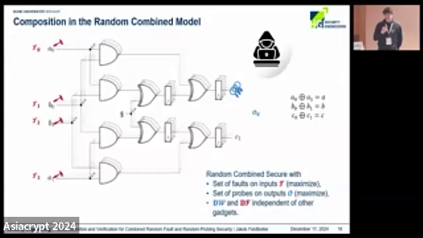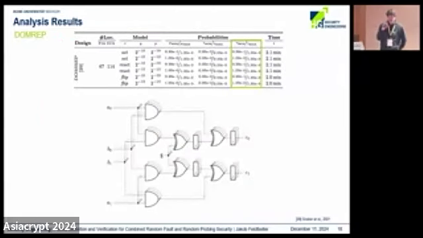And now to what I was already referring to: we implemented some tools and analyzed 5 different gadgets that are already known in the literature for our composability notion. The first one is DOMREP, which is a simple masked multiplication that is replicated to have fault security as well. And as we can see, this is not that secure in the composition case, so we have a leakage probability of almost 1 every time.